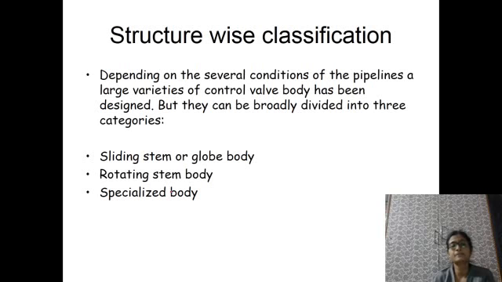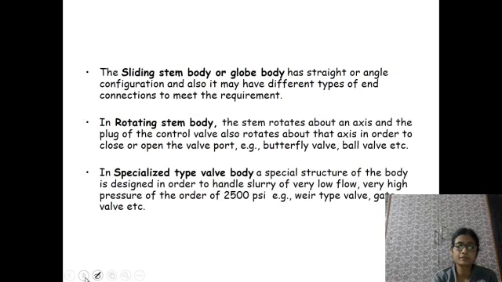Rotating stem is a screw type structure, where it rotates like a screw and the plug fits to the seat area. And specialized body, these are for special operations in order to handle special types of slurry. So special structured bodies, maybe butterfly valve or ball valve, these are special type valve bodies.